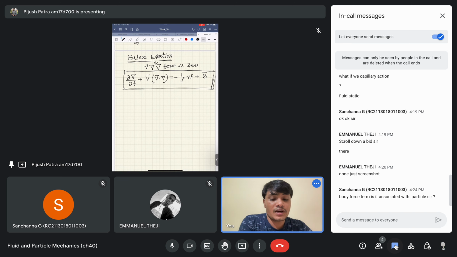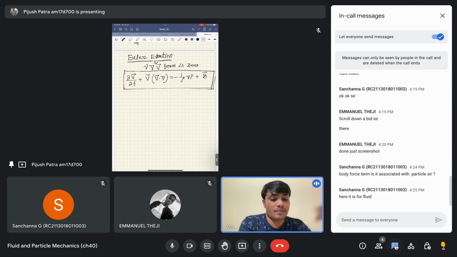Let's say a column of liquid, gravity is always acting on that, right? So that gravity force is a body force acting on the fluid as well. When there are two phases, the fluid phase and the particle phase, the body force will be applicable both for the fluid and the particle. So it is associated both with the fluid as well as the particle.